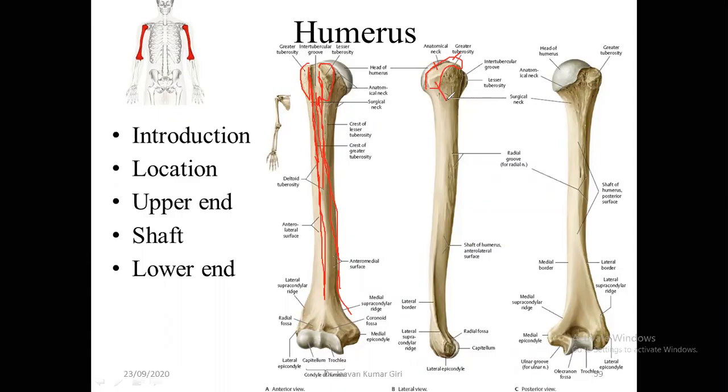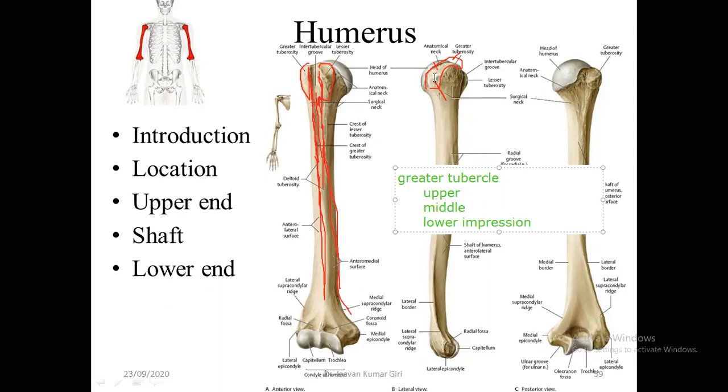So the three impressions in the upper part are the upper impression, middle impression and the lower impression.